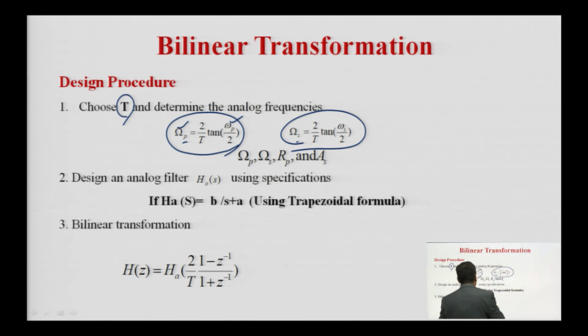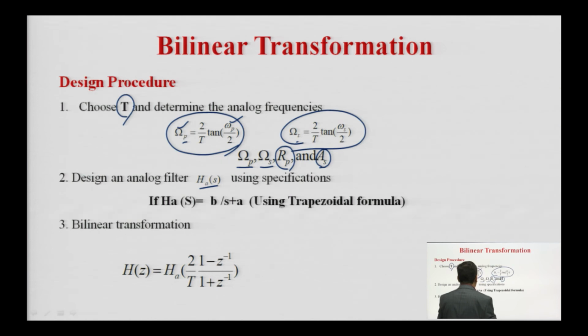So, here Ohm P is your pass band analog frequency, Ohm S is your stop band analog frequency. AS you can say your gain in the stop band, RP is your pass band ripple. So, at first you have to analyze your frequencies in the pass band and stop band. After that H of S is given to you.